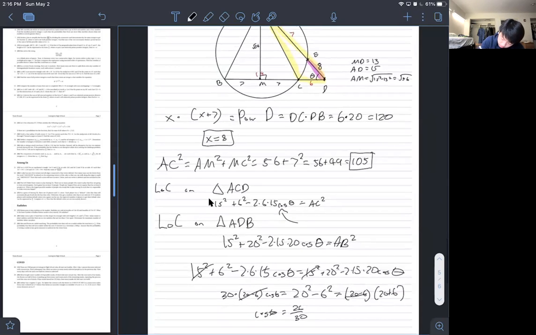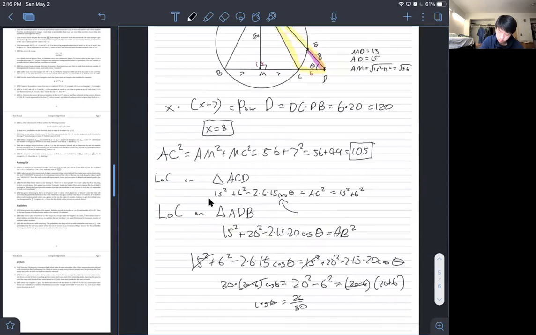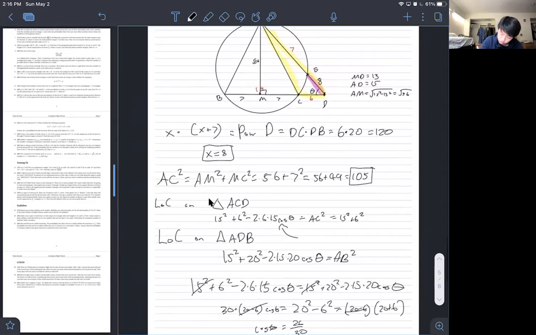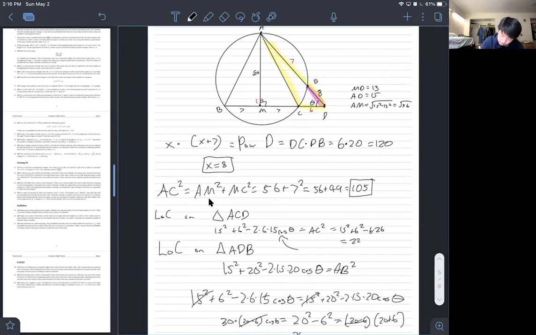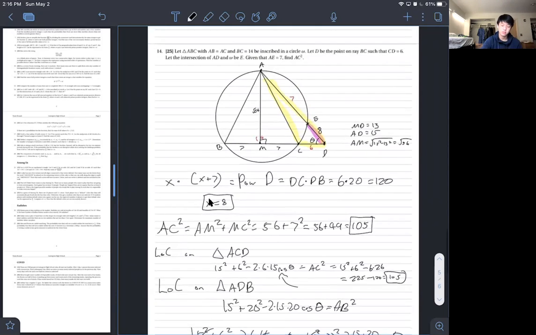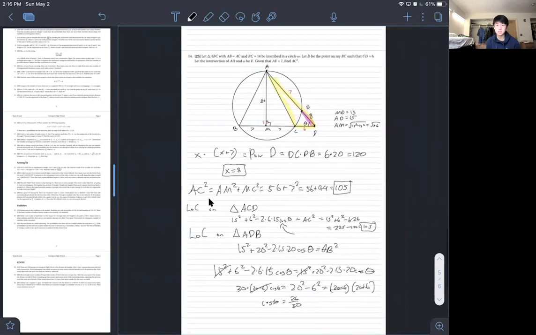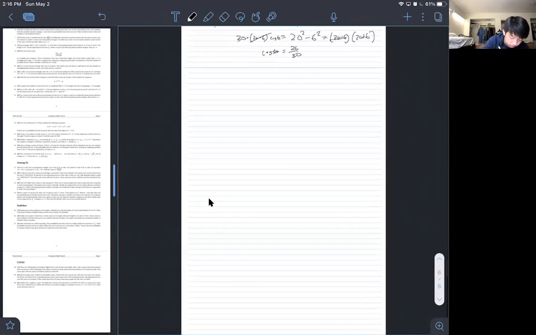So AC squared equals 15 squared plus 6 squared minus 2 times 6 times 15 times 26 over 30, which equals minus 6 times 26. That equals 225 minus 120, which is 105. Yay, that also works. Okay, I did not expect that. That was actually a very nice calculation. Rather surprised. It was not necessary though.